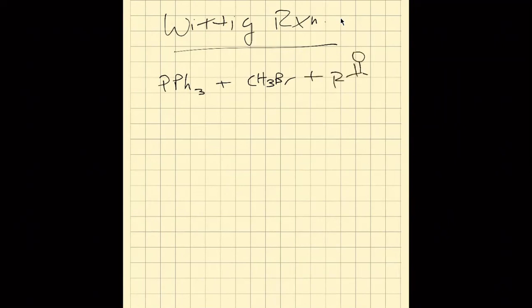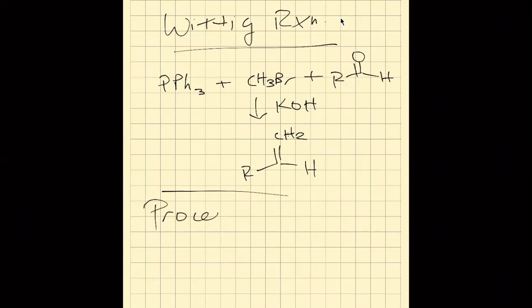And then what you end up with is an alkene, right? And if you remember from organic 2, when you took it, this proceeds through a ylide. Anybody remember that?